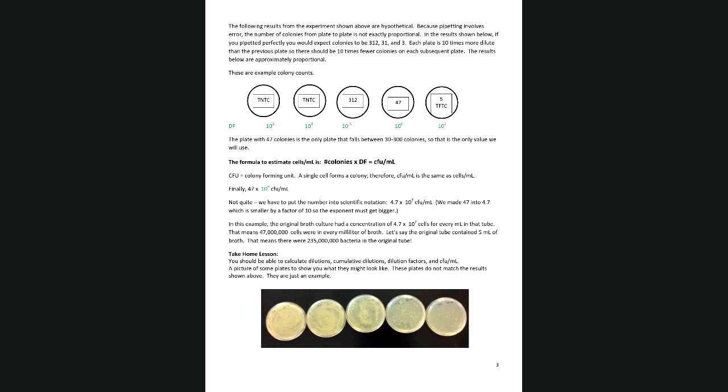How hard is that? 47 times 10 to the 7. But there is a problem with that number. What's the problem with that number? Why can't you write 47 times 10 to the 6?